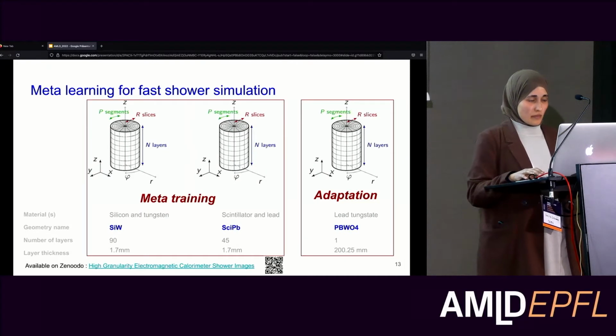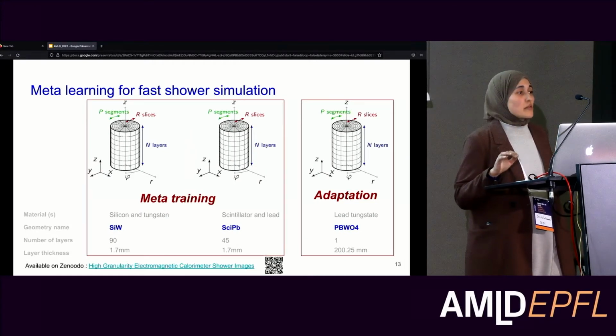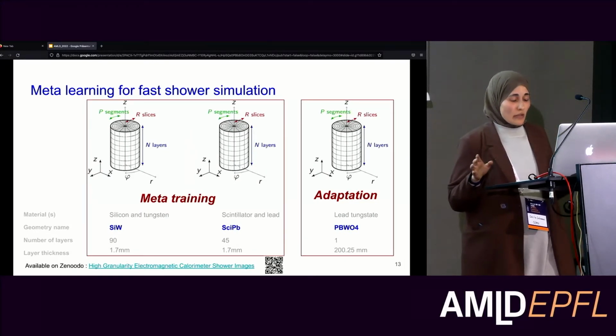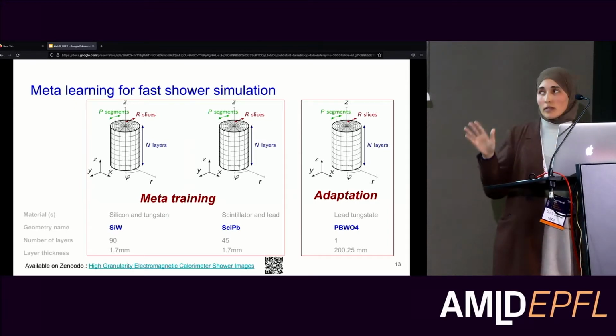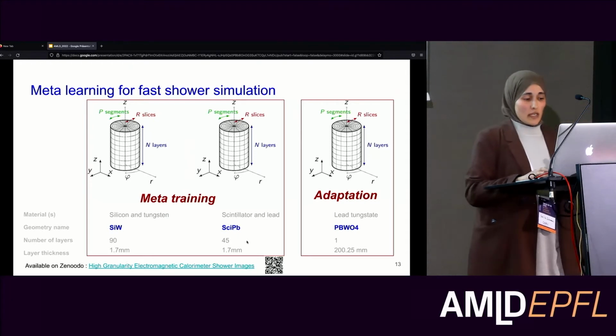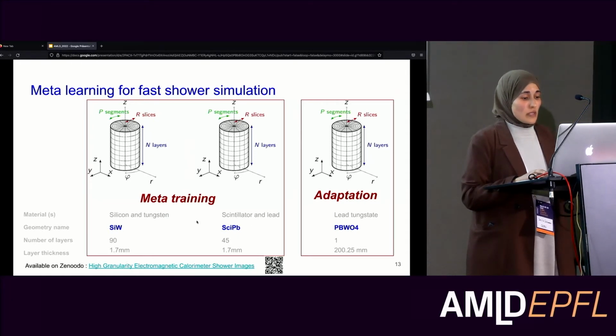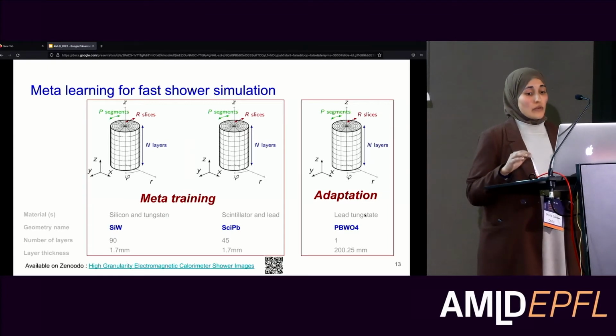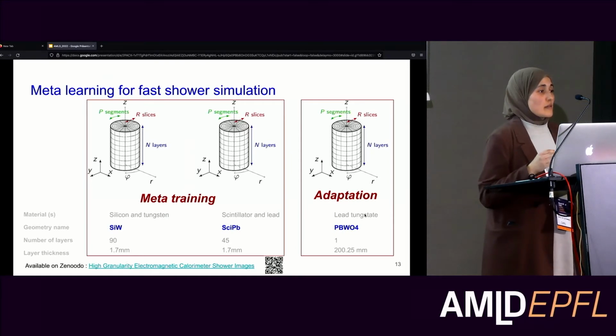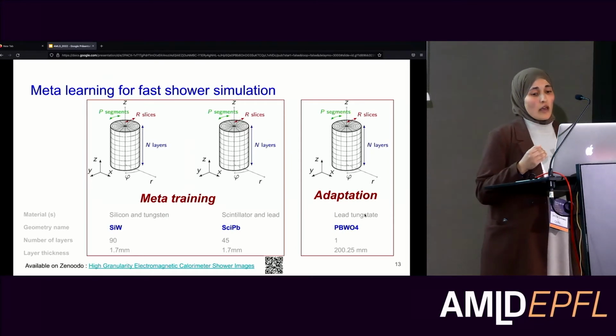Coming back to the two steps of meta-learning, there is the meta-training step and then the adaptation step. In this case, I will be using two detector geometries for the first step, and the third one for the adaptation step, to see how well our model is able to do, to have a machine learning simulation which is close to our full simulation.